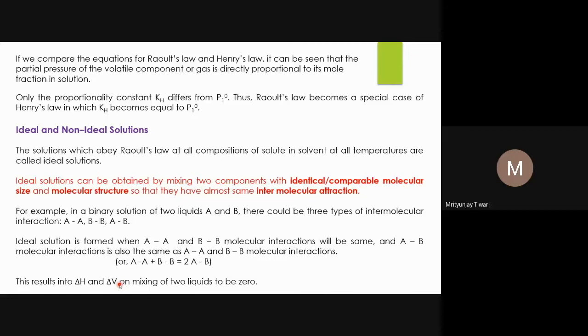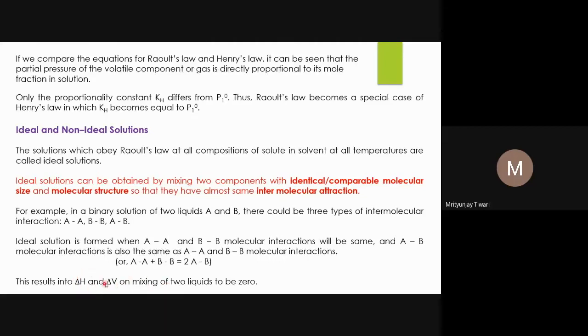It is not less than 110 ml nor more than 110 ml, because 100 ml solvent plus 10 ml solute is 110 ml, and the same volume of solution you have obtained. So delta V mixing is also zero. There is no change in volume observed, and no change in enthalpy or heat content observed. If that is there, then you can say that the solution is an ideal solution.